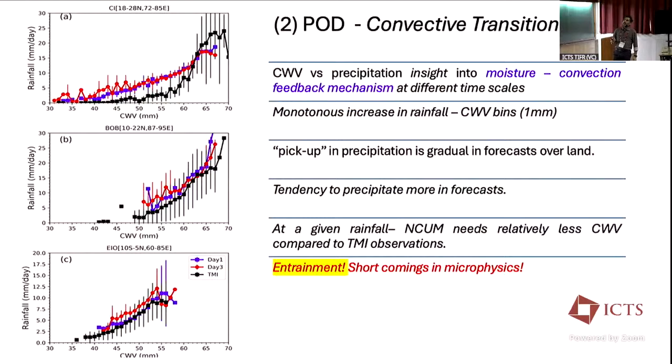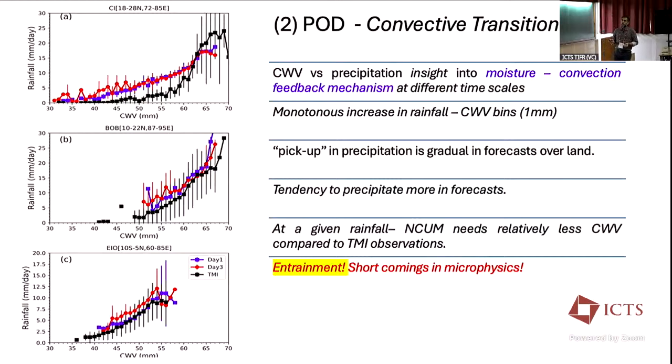You look at the over-ocean region, all looks similar. So they are on par with the observation, that's fine. But if you look at the land region, the observation shows a very gradual increase, and then after a certain particular value, around 58 or 60, you can see the sudden jump. That's where the pickup of precipitation happens in the observations.